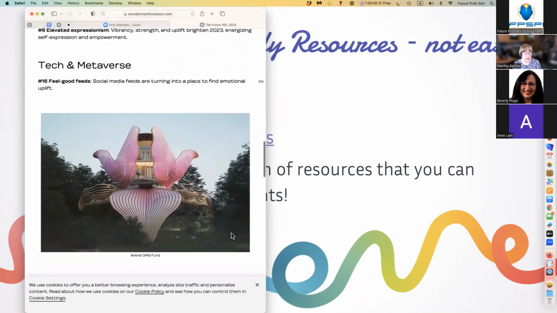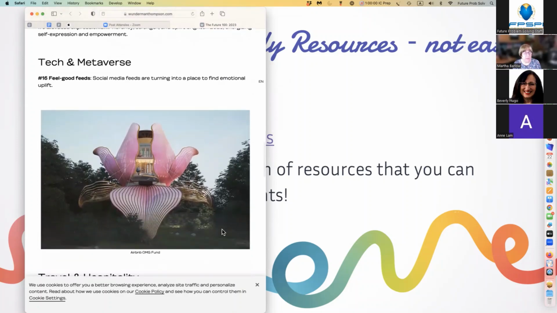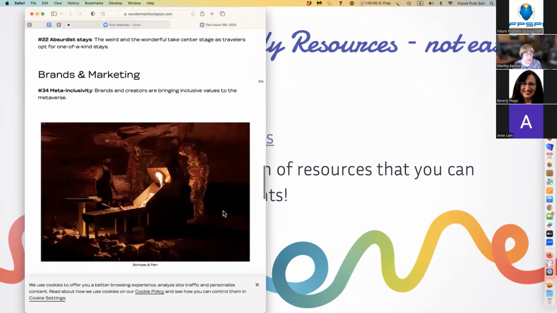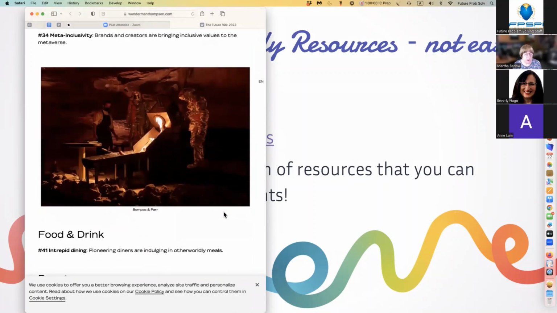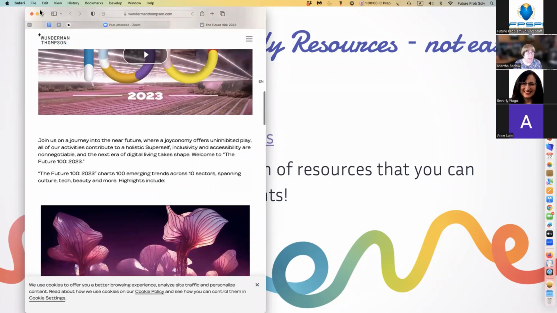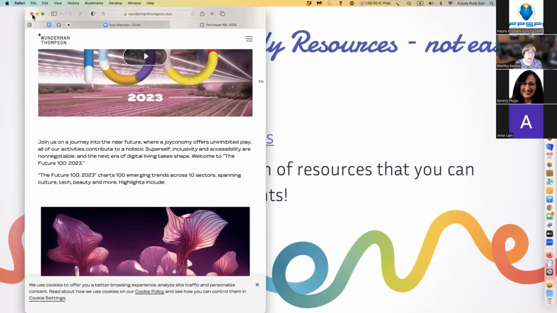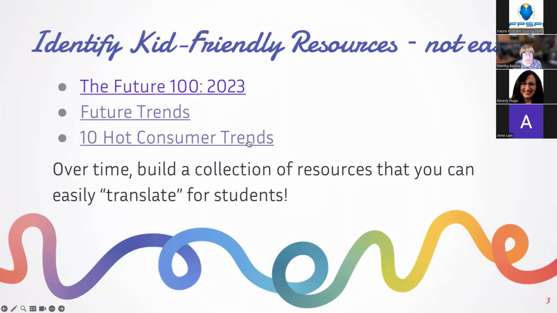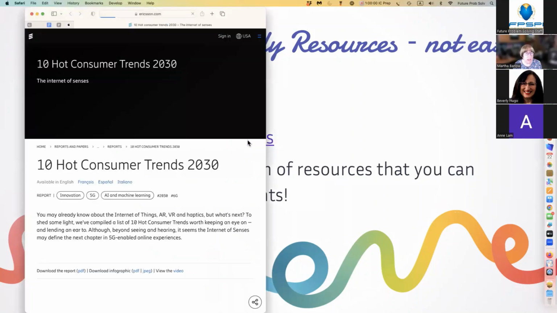So I like this where they have pictures with them, and a little information about something that might be happening in the future. So this would be one way to start collecting resources. So in the materials that Allison will give you a link to afterwards, I've actually put PDFs of the Future 100, 2023 and 2022, the 10 hot consumer trends, and a couple of other things too.